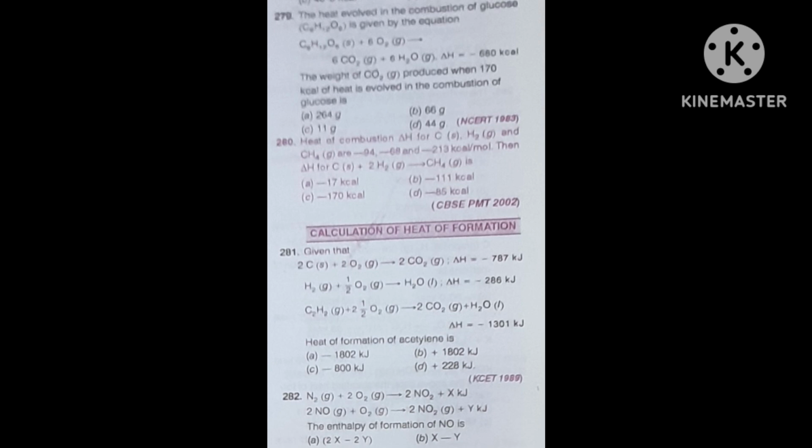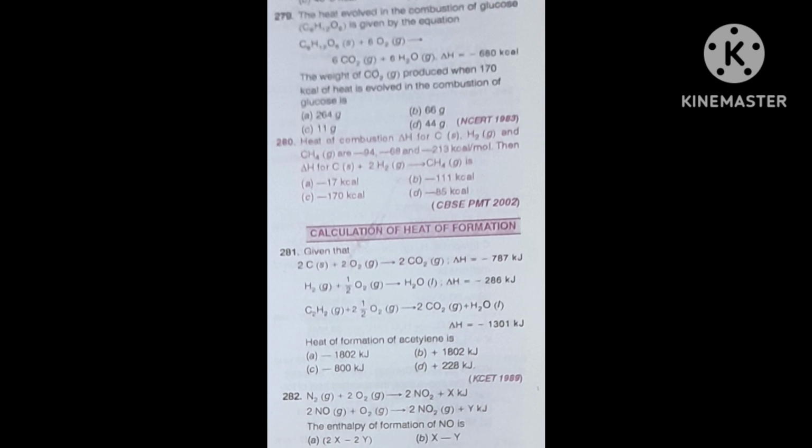Third, C2H2 gas plus 2 and half O2 gas. Product is 2CO2 gas plus H2O liquid. Delta H value is minus 1301 kilojoule. You have to calculate the heat of formation of acetylene.